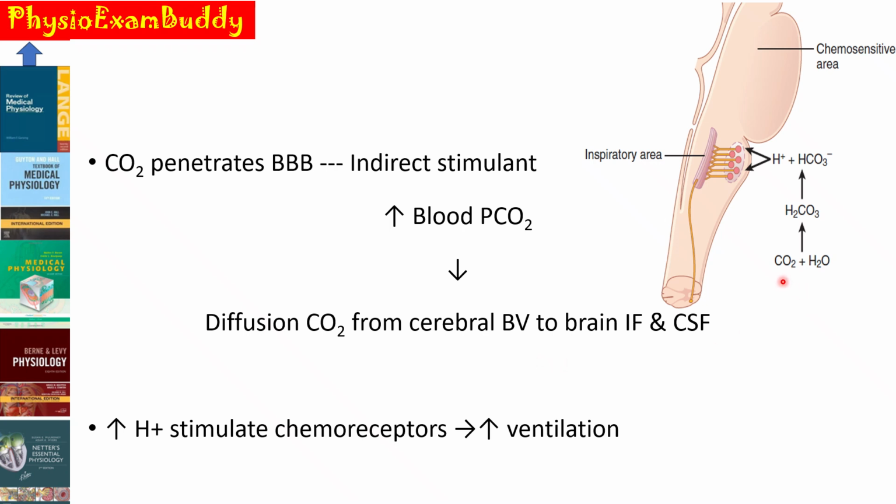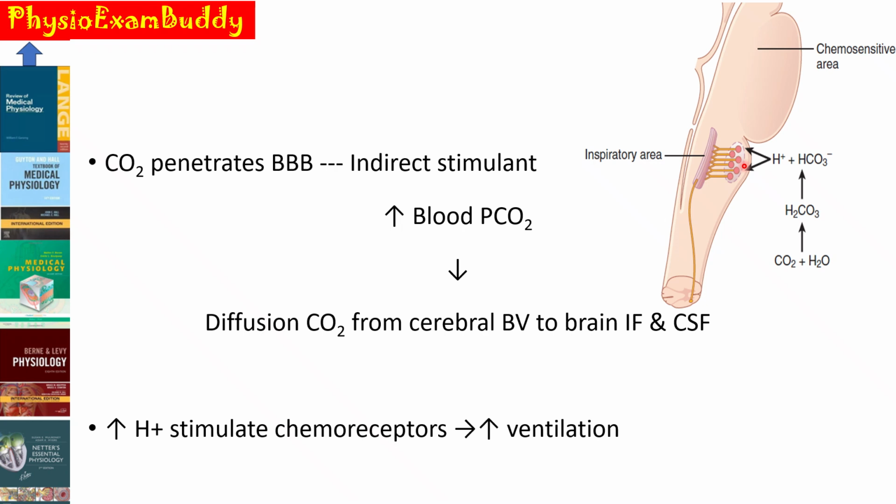This carbon dioxide is promptly hydrated to form H2CO3, or carbonic acid. This H2CO3 soon dissociates to form H plus as well as HCO3 minus. The rise in H plus concentration will stimulate the chemoreceptors.